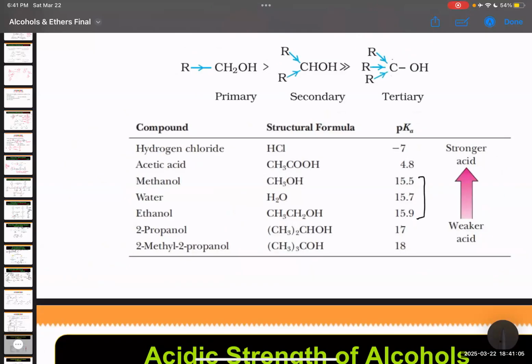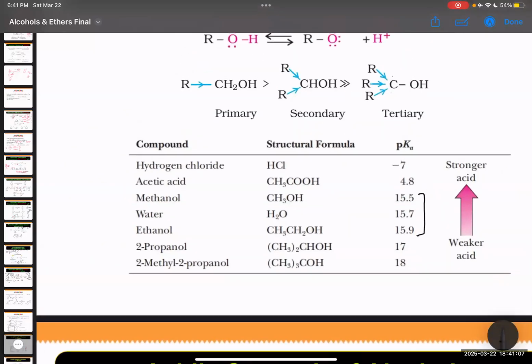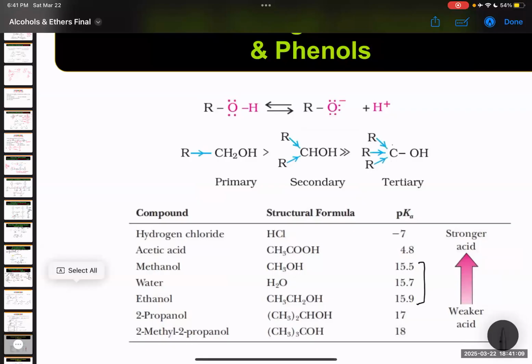Now, if you have different types of alcohol, you can compare their acidic strength. As the H plus is removed, you are left with alkoxide ion. This is alcohol, and this is alkoxide ion. This is minus.